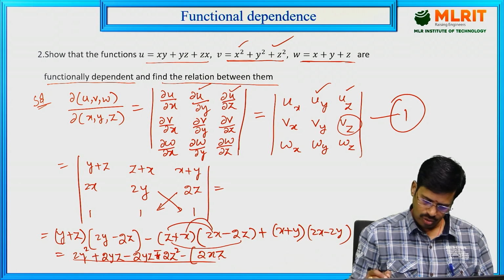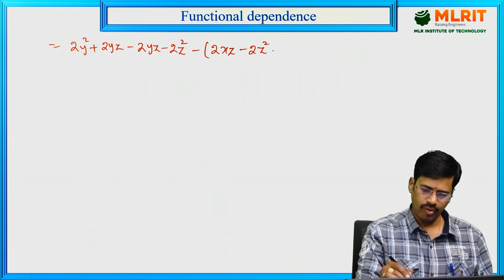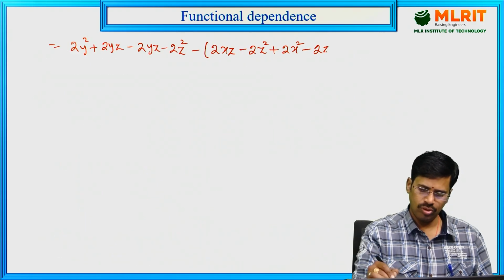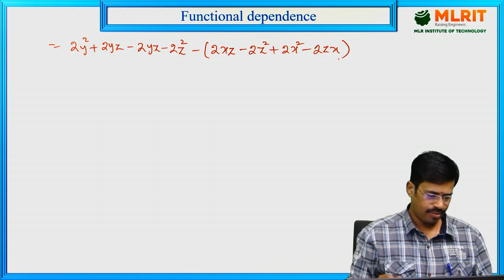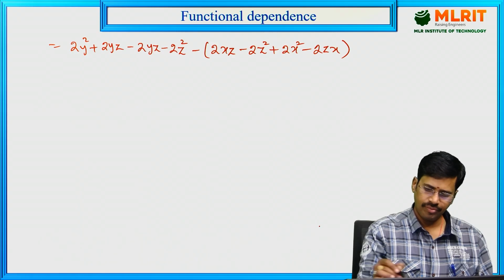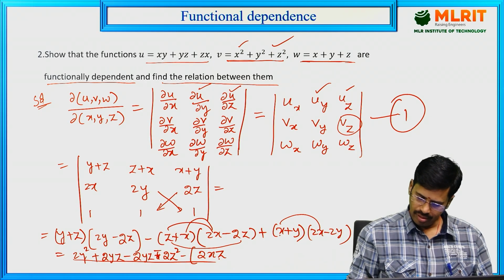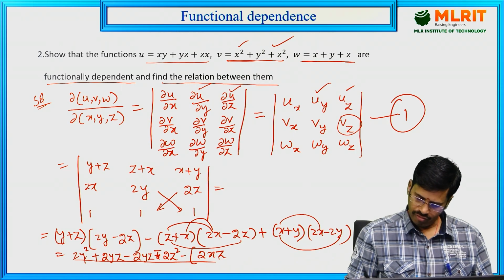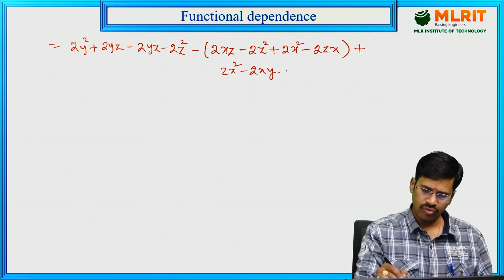Next, x into 2x is 2x square, that is plus 2x square. x into 2z is 2zx, right? Next, plus x into 2x is 2x square, plus 2x square. x into minus 2y is minus 2xy. y into 2x is 2xy.